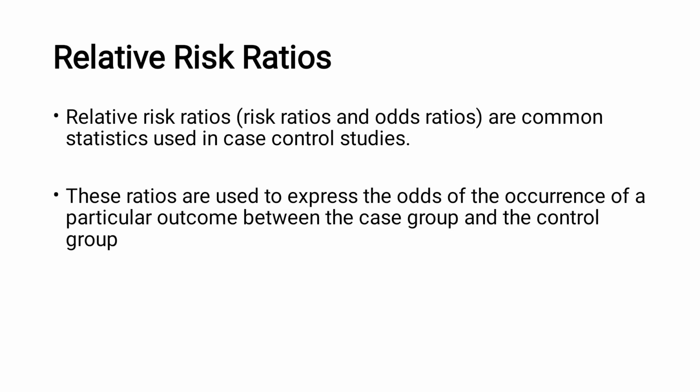Both case and control have exposure to a certain situation, but cases are the individuals who have developed the disease and controls are those individuals who didn't get that outcome of interest or disease. So the odds of occurrence of a particular outcome between the case and control should be measured through the relative risk ratio and odds ratio.